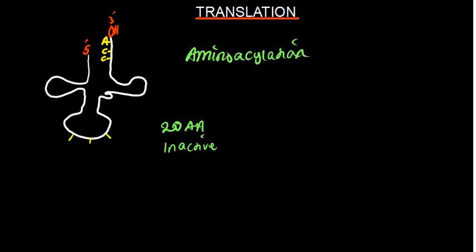Once they become active, we also have to look for an alternative which can transport these amino acids from the cytoplasm and take them all the way to the ribosomes for assemblage and formation of the polypeptide chain, which is finally going to give us proteins at the end. So we are going to look at how these amino acids become active, then how they are transported from the cytoplasm to the ribosomes.